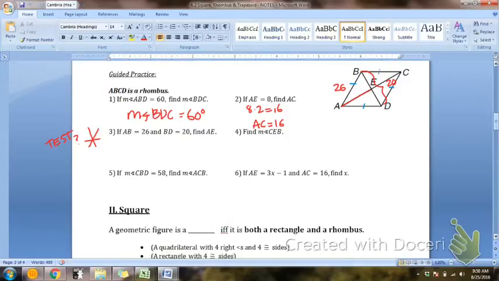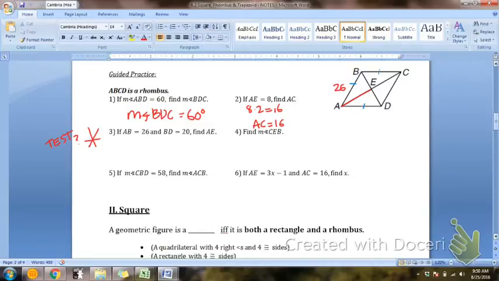All right. If AB is 26 and BD is 20, how am I going to find AE? Because you haven't really been thinking this way, I'm going to help you out a little bit. If B to D is 20, how long is BE? 10. Okay, so we're going to mark that as 10 instead.